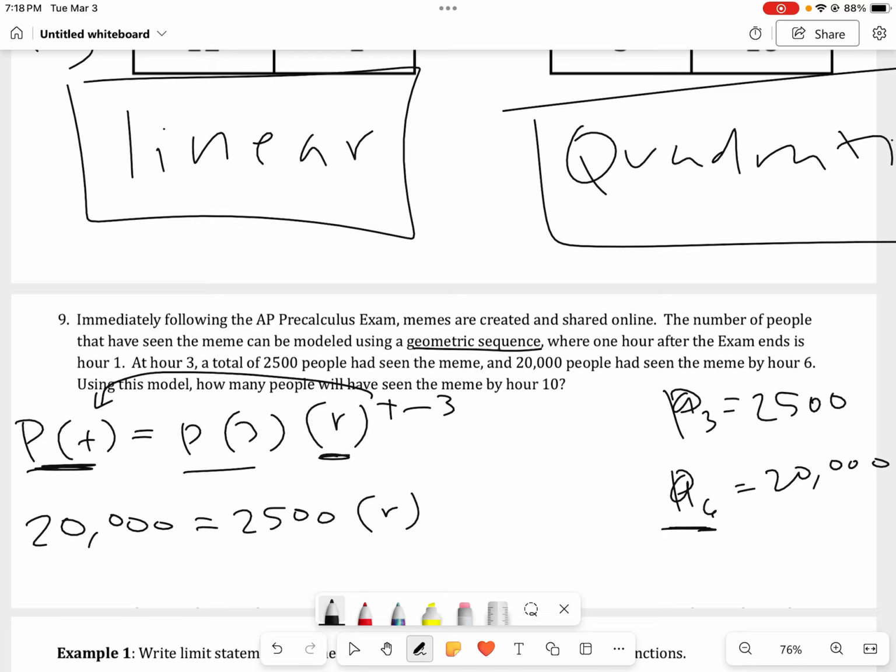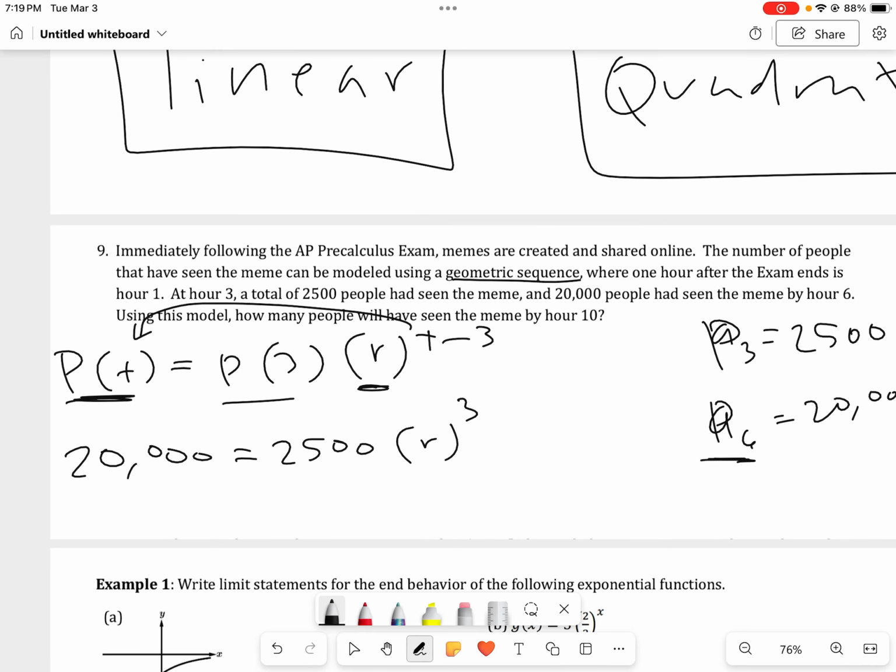And we know that's our 6th term, so we can just plug in 6 minus 3. Save space, 6 minus 3 is just 3. So how we would do this is we can just divide both sides really quickly by 2,500. And that's going to simplify to 8 equals R to the 3rd, or just R is 2.